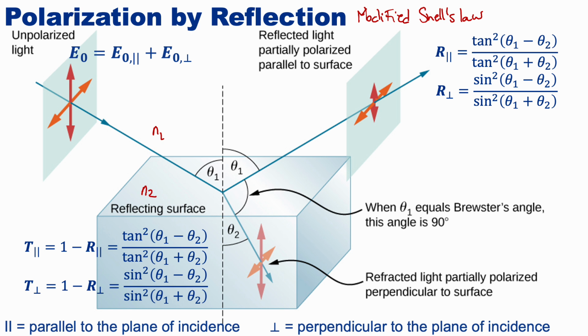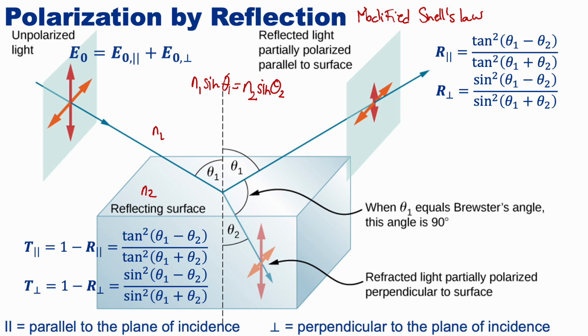And Snell's law tells us that the reflected angle is always the same as the incident one, but the refracted one is going to depend on the relationship of your refractive indices and the angle of the incident line.